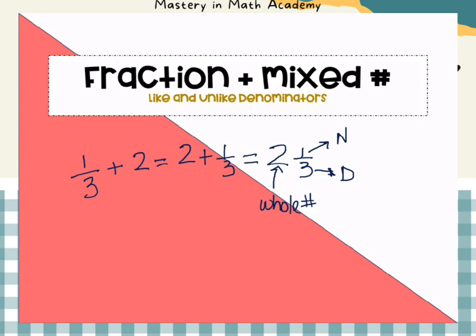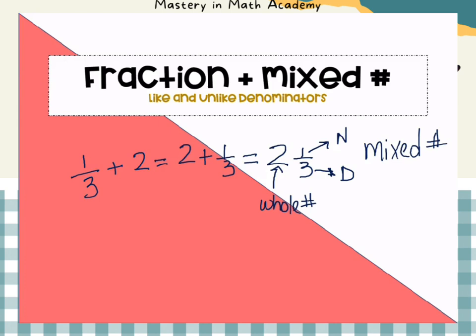The numerator is always on top, and your denominator is always on the bottom. Whenever you have a whole number and a fraction, we call that a mixed number because it's two different things going on: a whole number and a fraction.